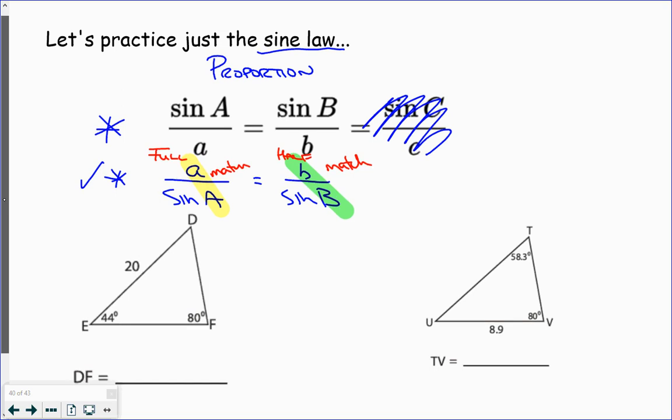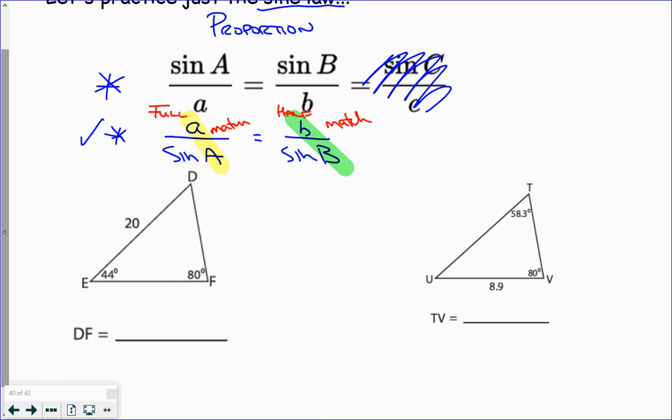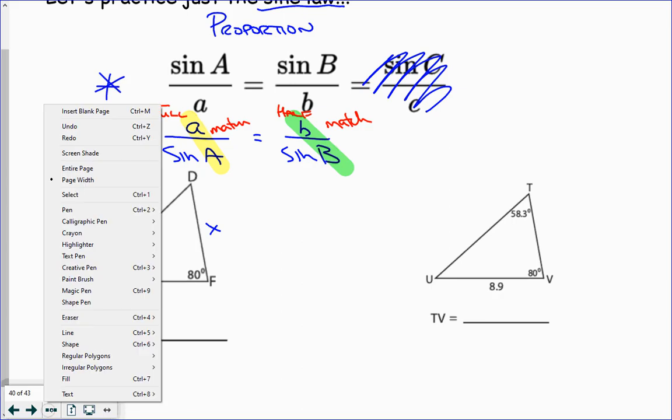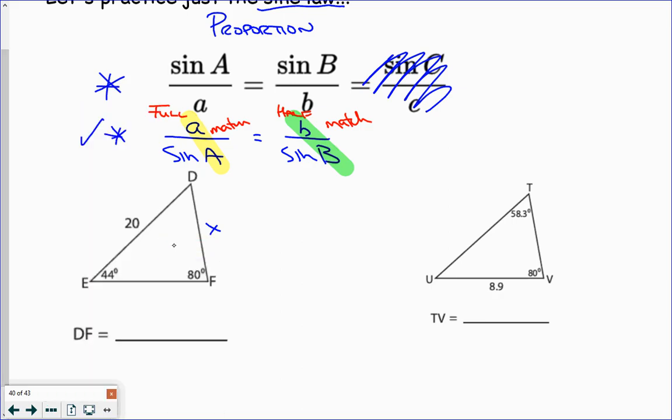So take a look at this thing. It wants you to find side DF. So DF is right here, so I'm just going to call that X. That's what I'm looking for, side DF. Okay, first thing I want you to do is find your full set. Where's your full pair? What are the two numbers in your full pair? 20 and 80.